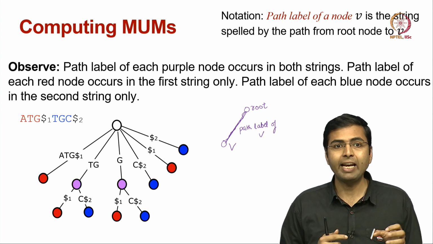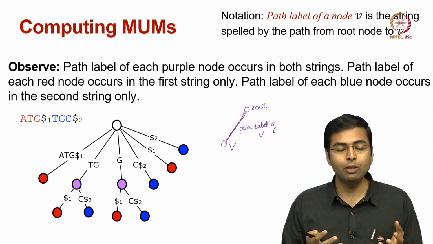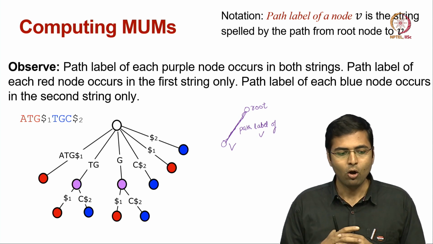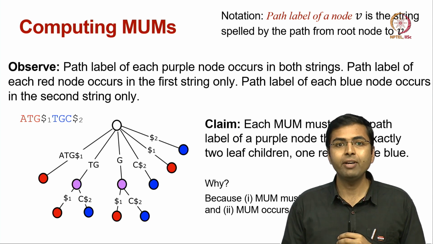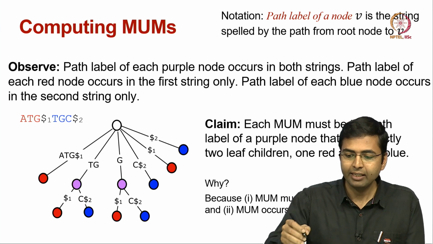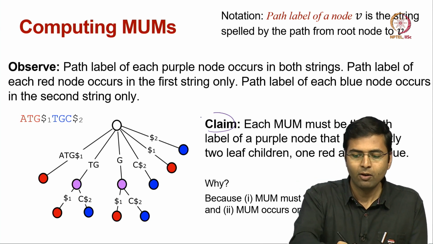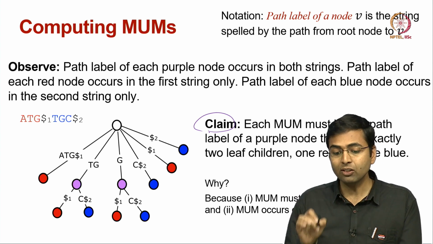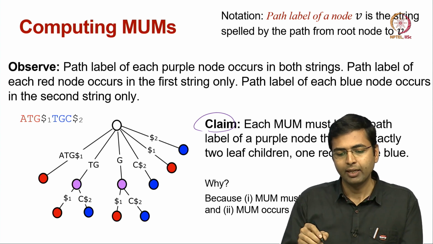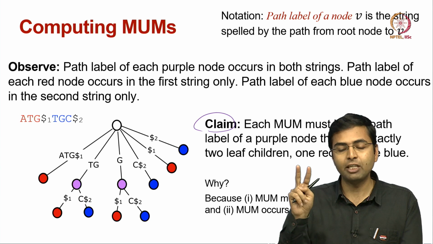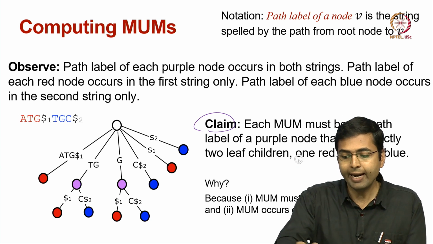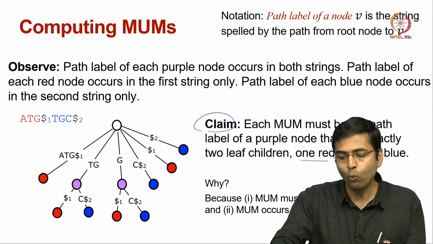Now, this property can be very useful for computing maximal unique matches. The claim we can make here is that each maximal unique match must be the path label of a purple node that has exactly 2 leaf children, one red and one blue.